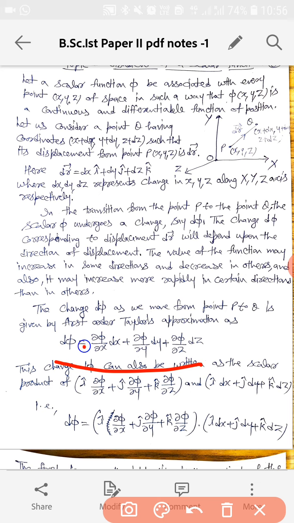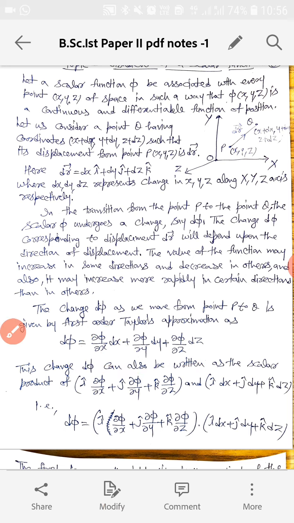If we want to calculate the total change in phi along x only, that will be given by curly phi over curly x, that is the change in phi with respect to x, into the change in x. That will give us the total change in phi along the x axis only. But if we want to calculate the total change in phi along all directions, then two more terms will also come, along the y axis and along the z axis.